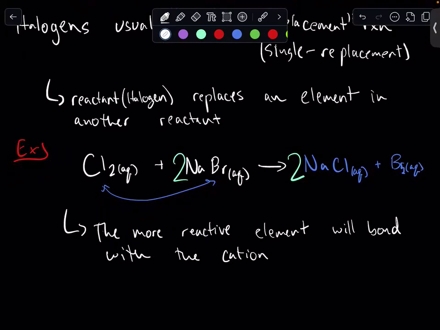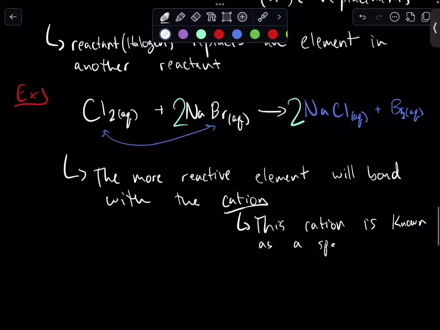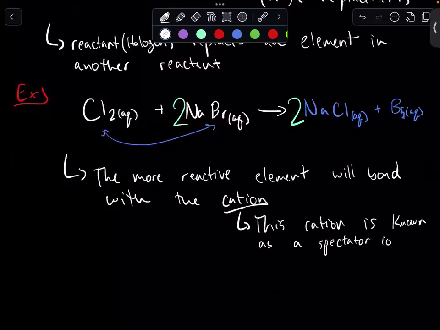And in this case, this cation is known as a spectator ion. So this may be a word you hear later on, spectator ion.